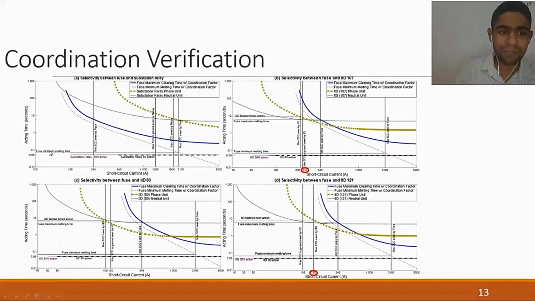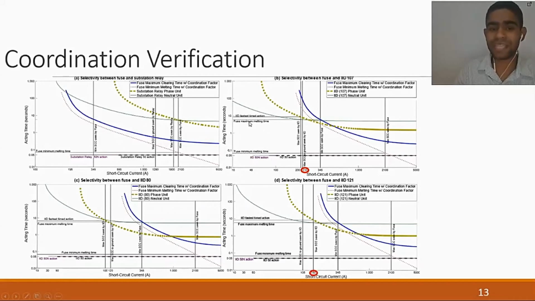Here we have the minimal melting time for the fuse, that is, the minimum time considering the maximum short circuit current flowing through the fuse. And we have here the substation relay instantaneous action, which is faster than the fuse. And we can observe the same for the three IIDs. So the fuse acts slower than the instantaneous actions of relays and IIDs.